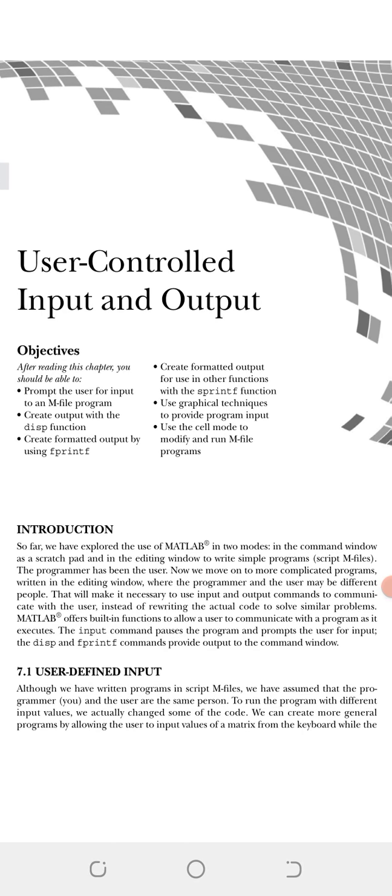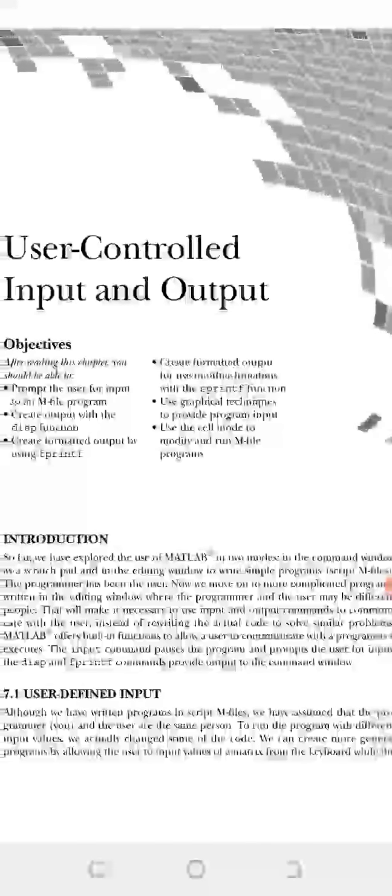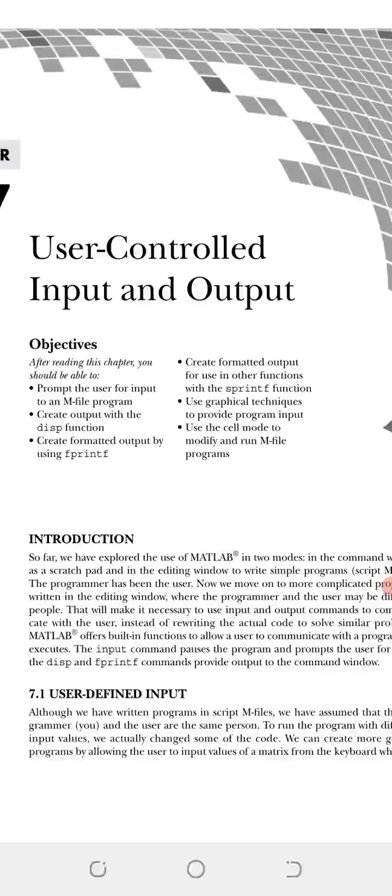Now we're going to be looking at user input in Matlab. When we talk about user input, we mean creating a situation whereby a user, some other person who is not you that is writing this program, can input values for the system to process.